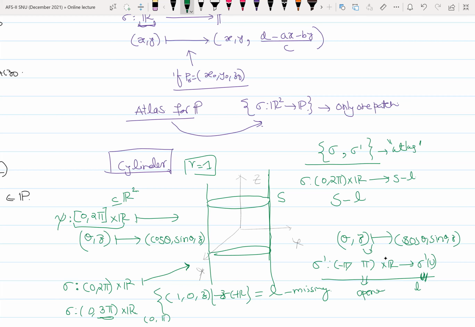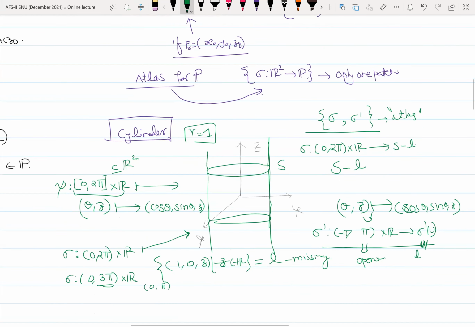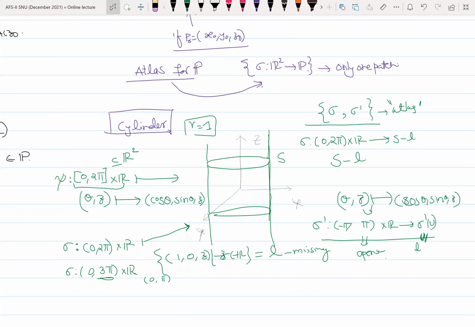All of you know about winding numbers and so on, so you cannot give the bijection with this. Cylindrical coordinates will have that singularity if you try to close it. So my question to you is, can you give another map so that you cover the entire cylinder with one single patch? Is it possible?